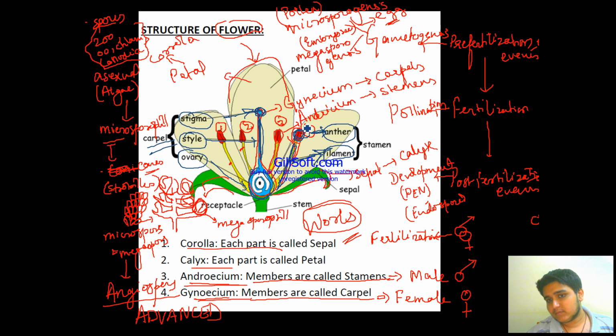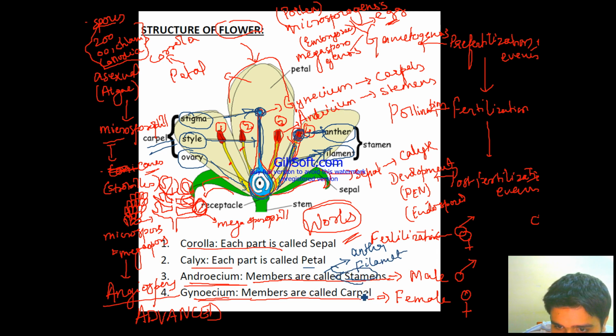Clear? So I can say that the androecium is made up of stamens, and a stamen is made up of anther and filament. Similarly, carpel is made up of what? We just discussed it: stigma, style, and ovary.